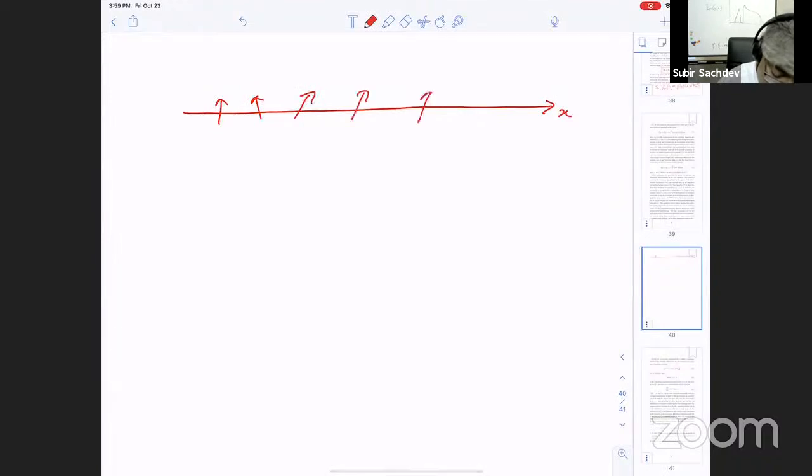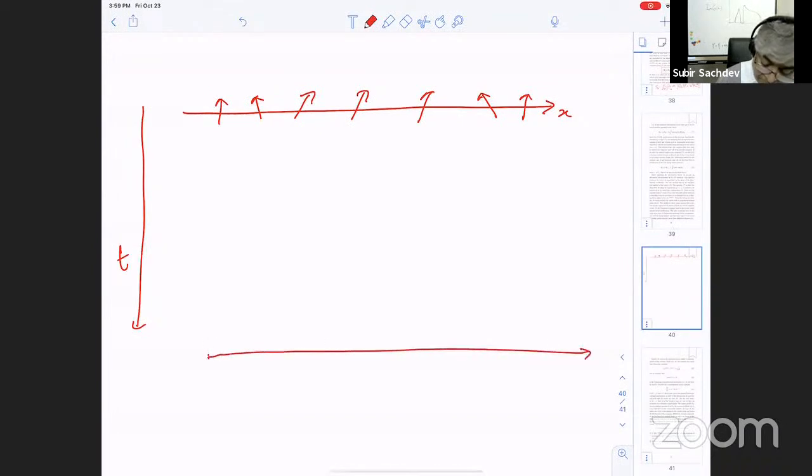So, here you have some Bose system, which I describe by this phase. So you have this phase in space, and it's slowly varying here and there, like this. And let's say this is time going this way. And then something happens. And then if I look at the phase over here, it's a little different.